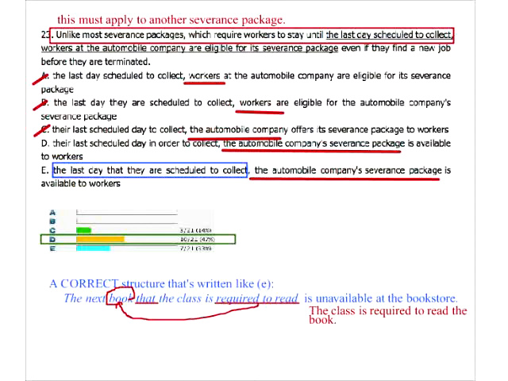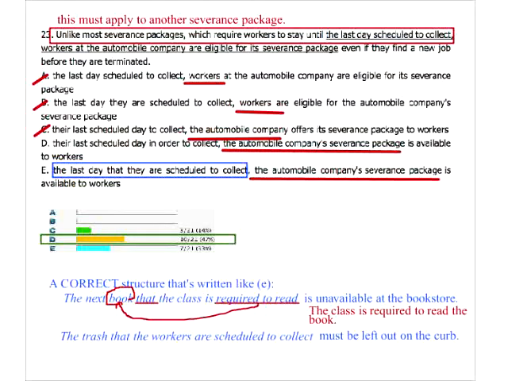Same thing, if you want to use the word collect, you can say the trash that the workers are scheduled to collect must be left out on the curb.